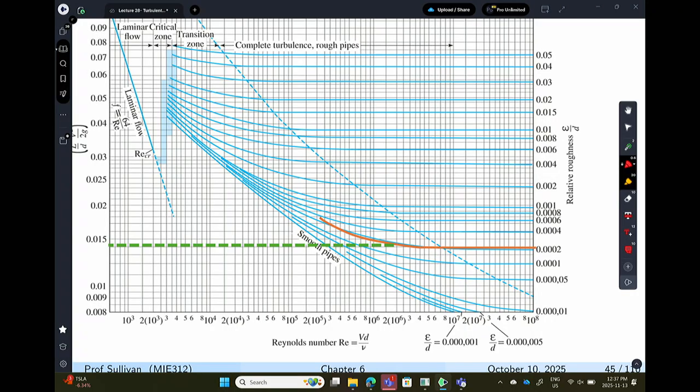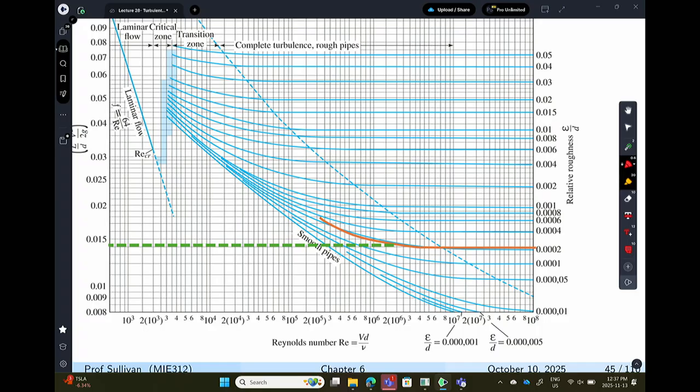So my initial guess is that I am in the fully turbulent region. It doesn't matter, I can extend the dashed green line a little bit more. But basically, I am at 0.014. So the information I have at this point is just that it's 0.0002 for epsilon over D. I have a Reynolds number that I'm going to guess is somewhere in this range over here.